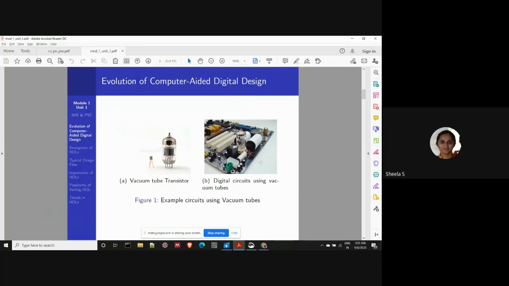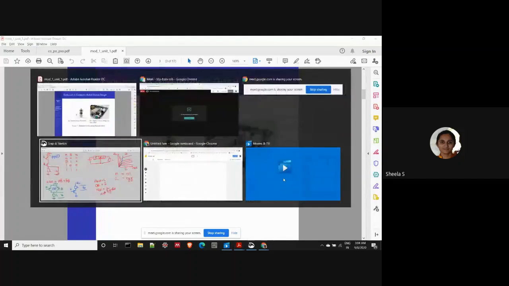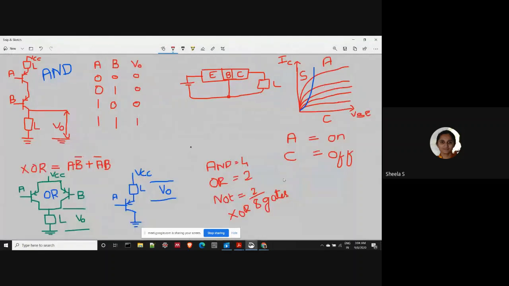Okay, so now first let us analyze the need for the CAD tool. Let us consider a transistor. Let us consider an NPN transistor. In that we have three parts: emitter, base, and collector.